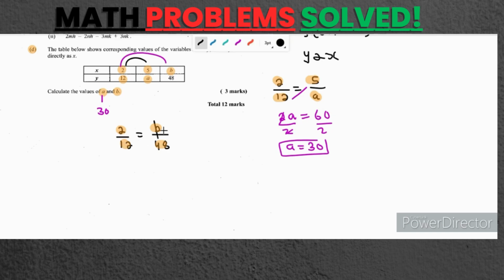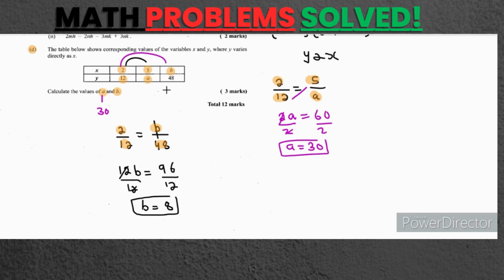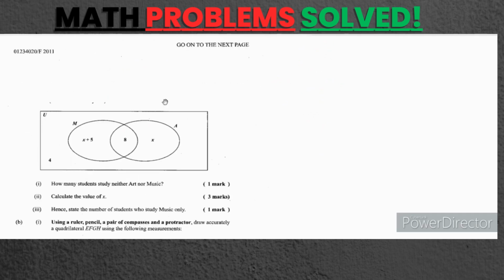So 12 times b will be written as 12b, and 2 times 48 is 96, right? Then you will divide both sides by 12. So this 12 and 12 cancel out. b will be equal to 96 divided by 12, which is 8. You can use the calculator also. So the value of b is 8 here, right? That will be our answer.